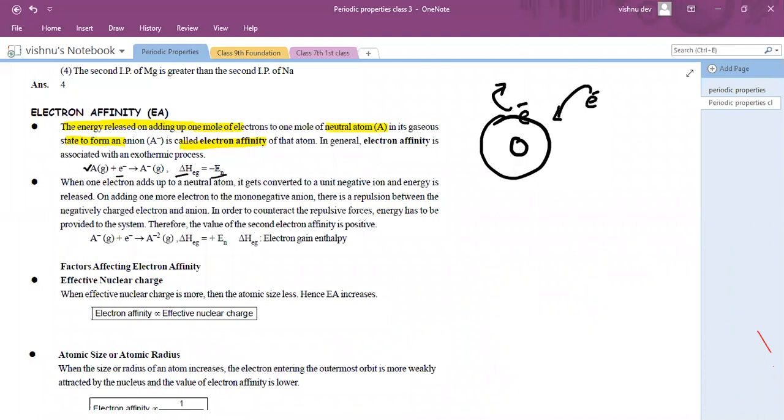Any issue in that? So all of you understood the basic definition of electron affinity or electron gain enthalpy? Just raise your hand if you understood. If anyone has any doubt, please message.